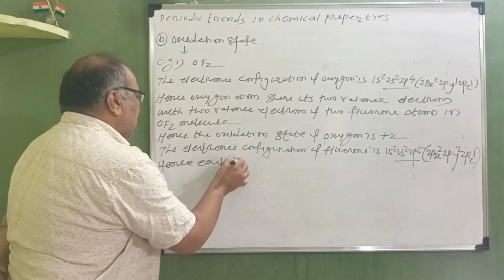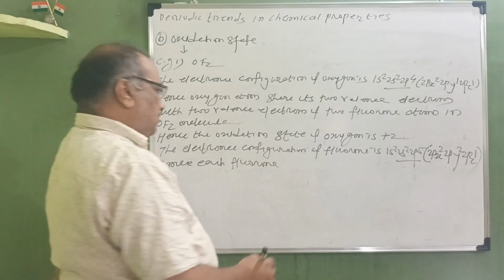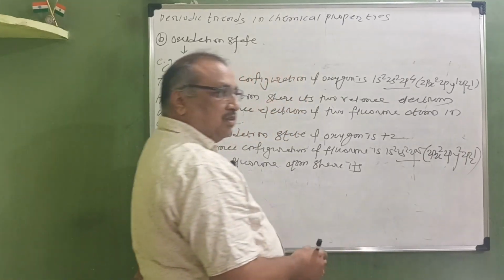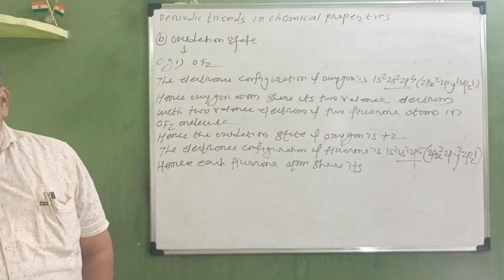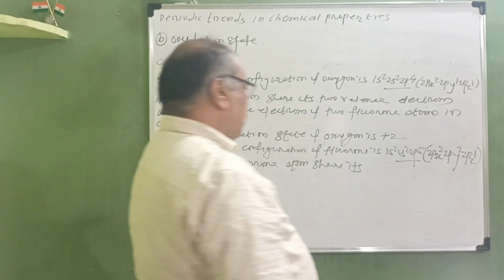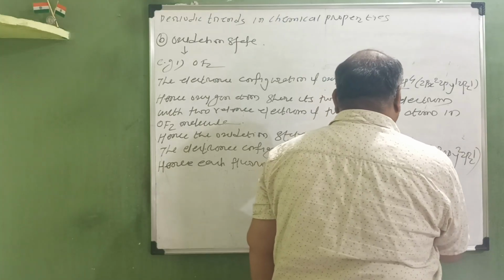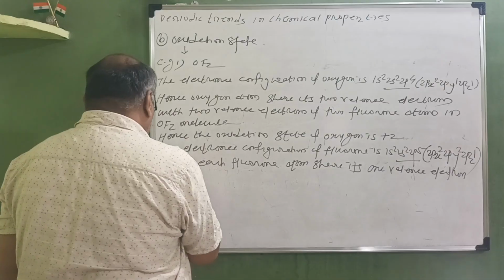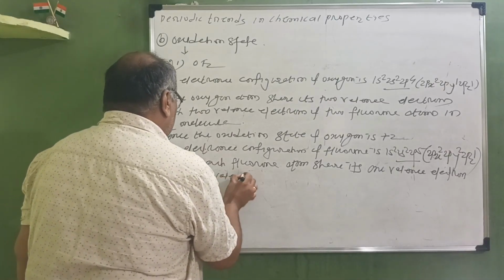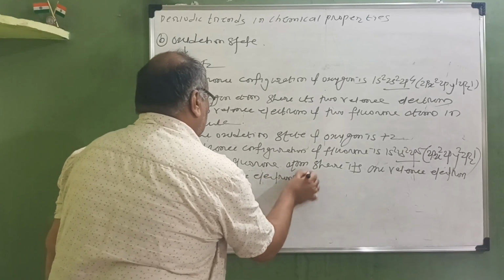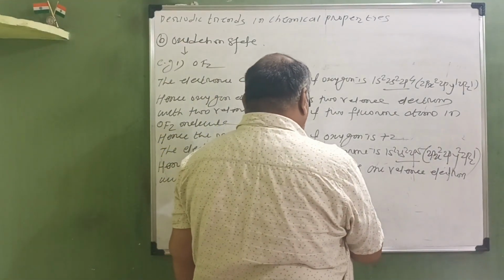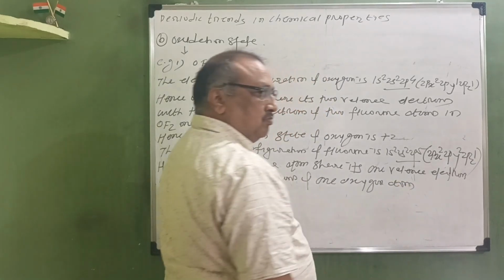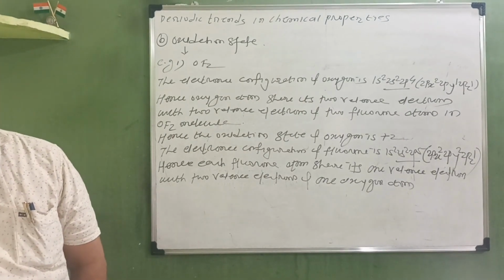Hence here each fluorine atom shares its 1 valence electron with 2 valence electrons of one oxygen atom in the OF2 molecule.